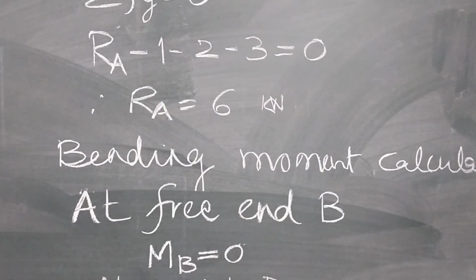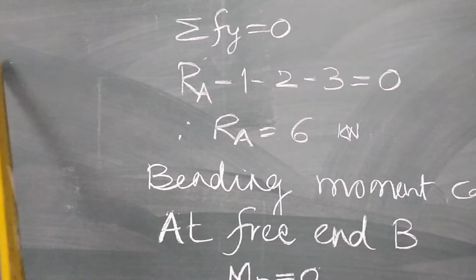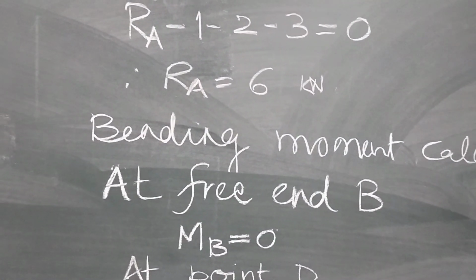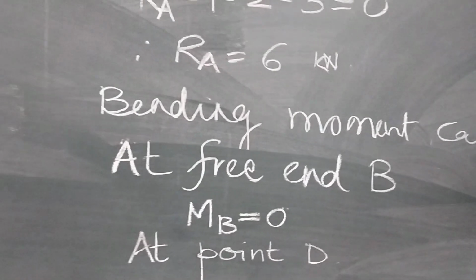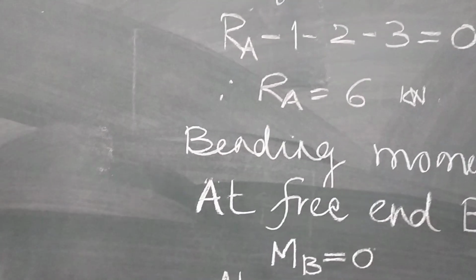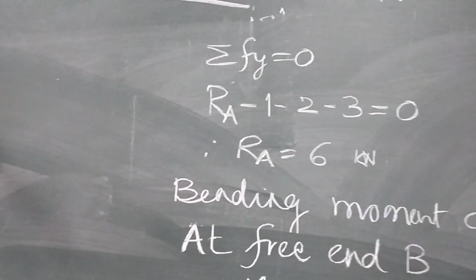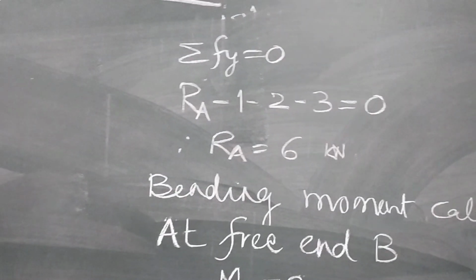At free end B, as I have told you, there is no force towards right. So, at free end B, moment at B equal to 0. At point D, now let us see this diagram, only one force towards right and clockwise moment at right.